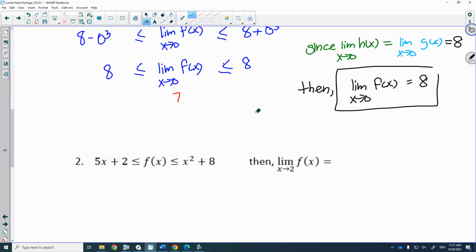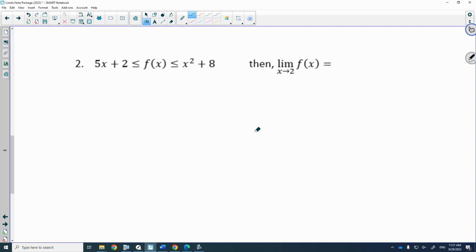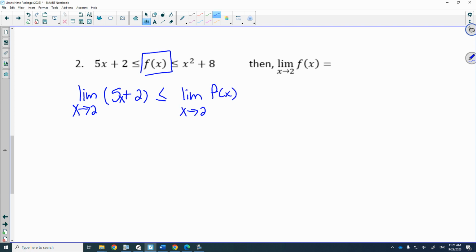Okay, so let's do this guy. First step is to apply the limit to every expression in the inequality. So the limit as x approaches 2 of 5x plus 2 is less than or equal to the limit as x approaches 2 of my middle expression is less than or equal to the limit as x approaches 2 of x squared plus 8.